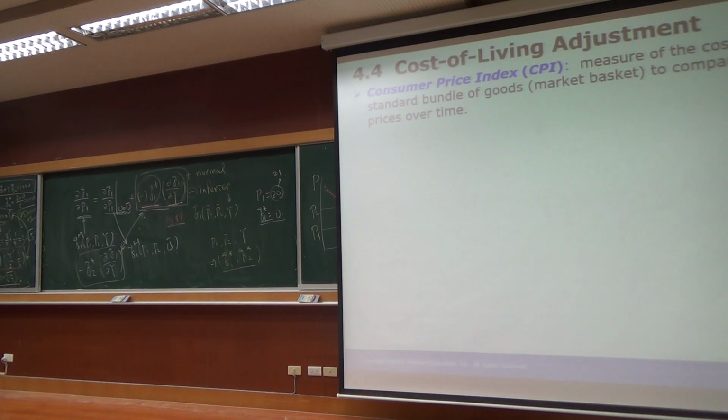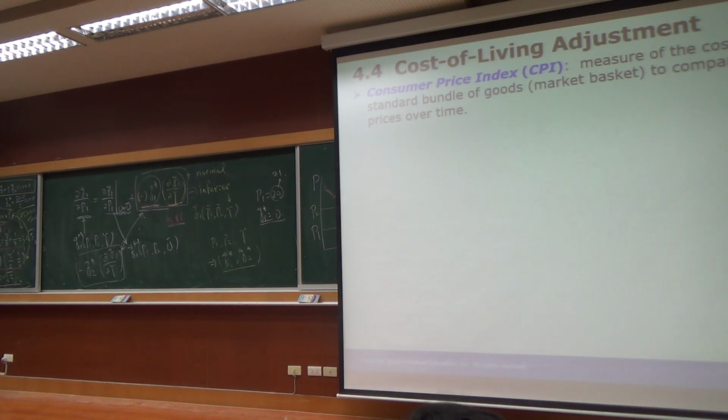What about $50,000 50 years ago? If you could earn this much salary, you think you're rich or not? You're pretty rich, right? Because you can imagine that the price level 50 years ago is kind of low as compared with nowadays, right?